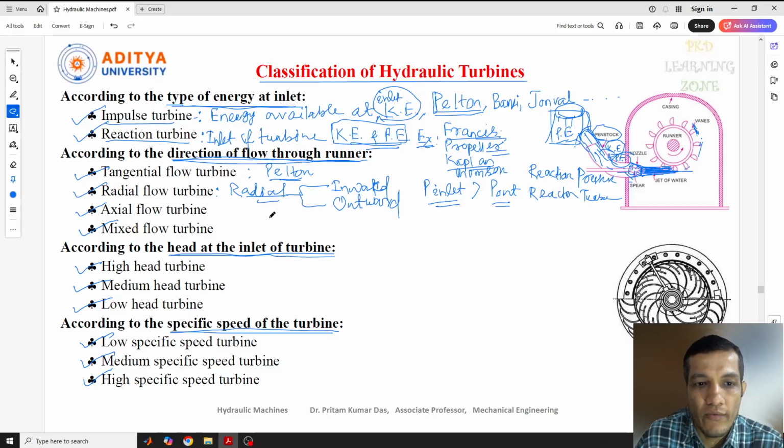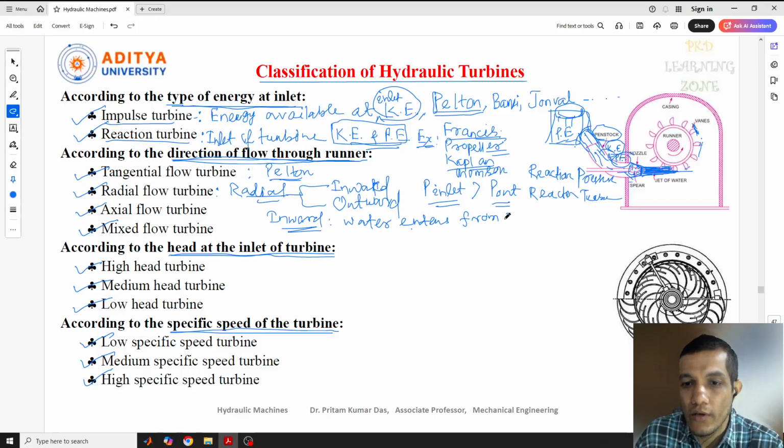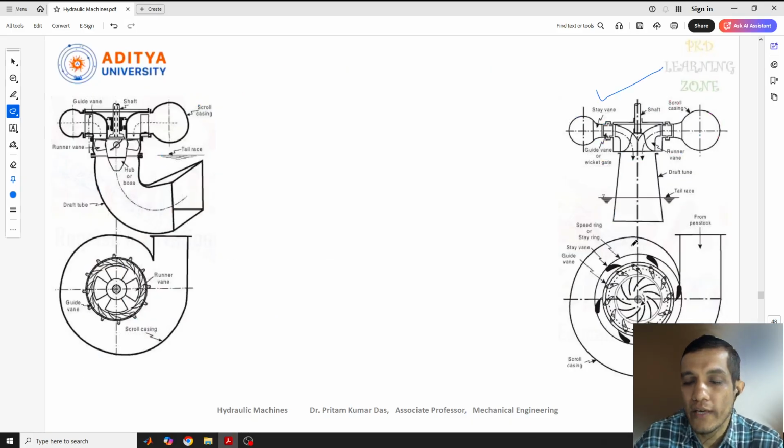So if you discuss the inward radial flow turbine, the water enters the turbine from outside to inside. From outside to inside means the water flows radially and moves to the center.